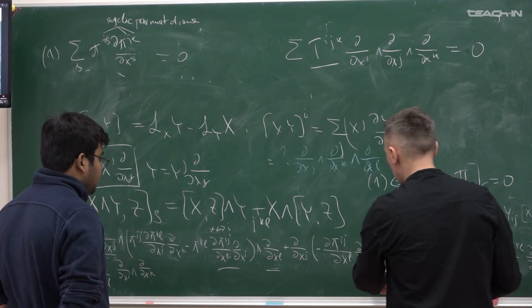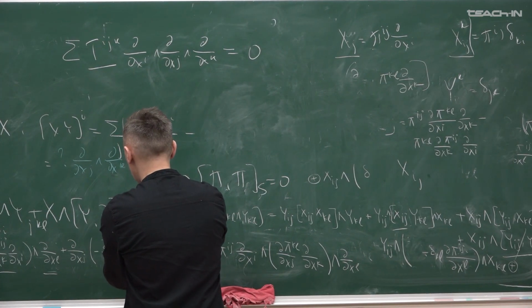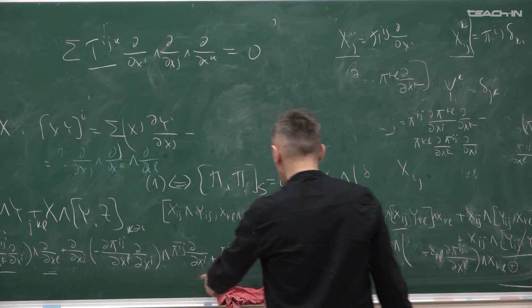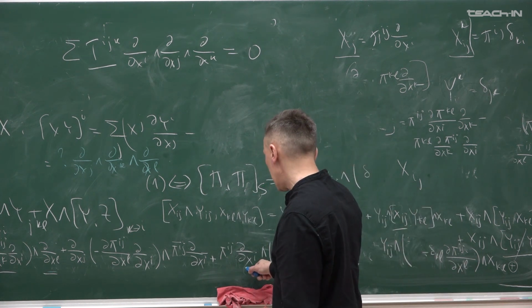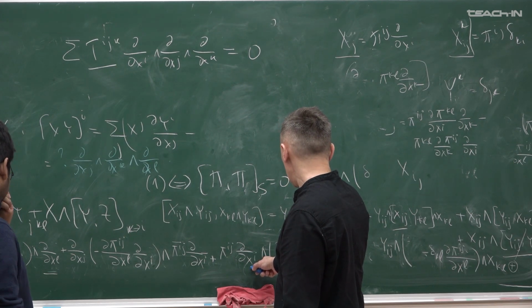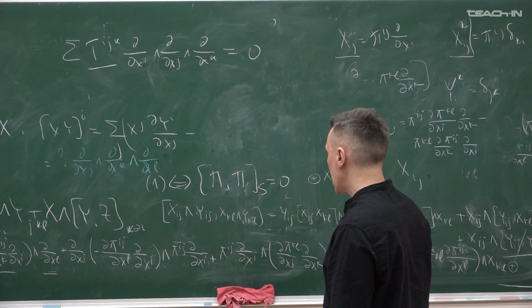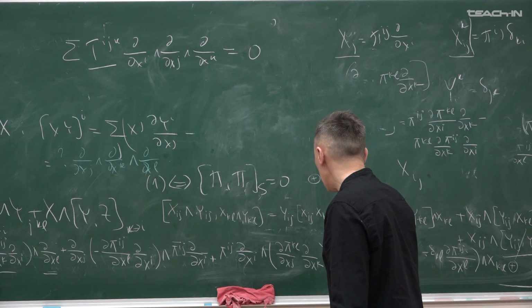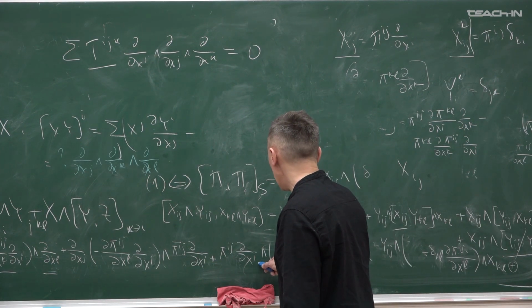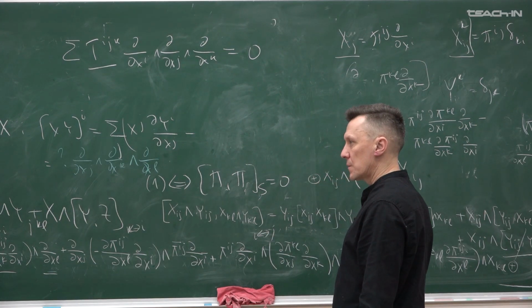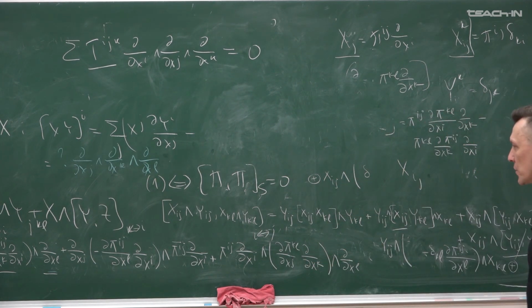L is okay, but i also should be changed to k. Here is the same. J, k, l: k, l we have, but here we have i, so here we have to exchange i with j. The idea is very simple.